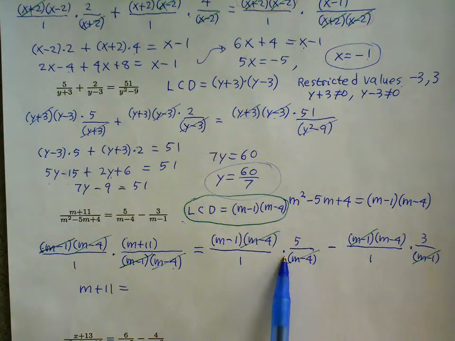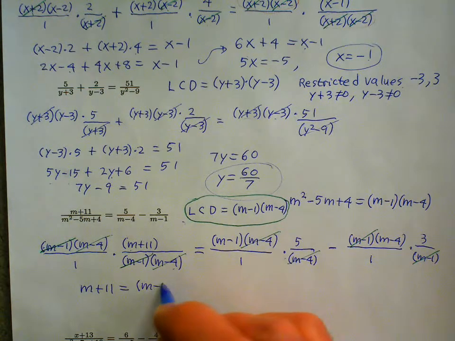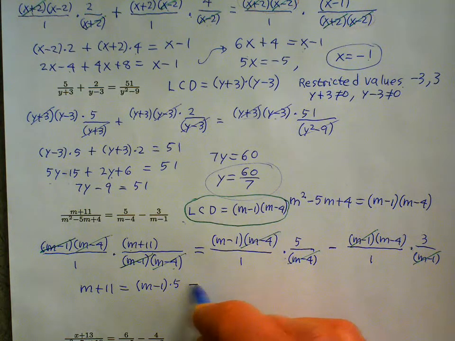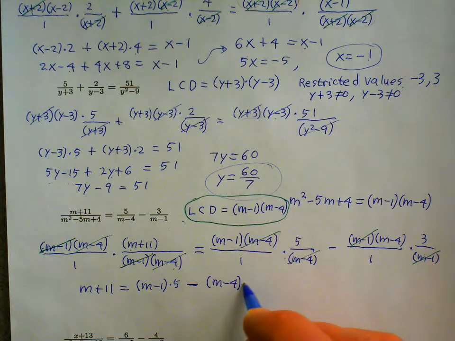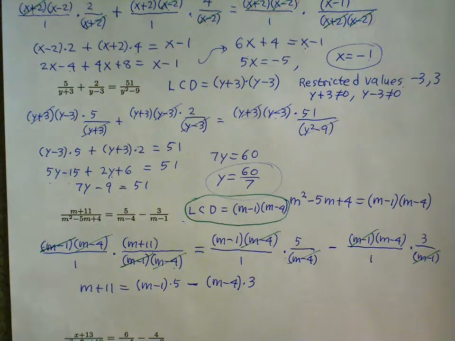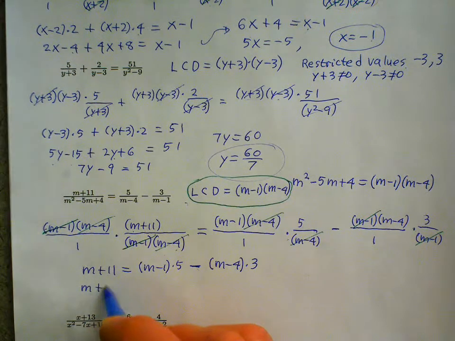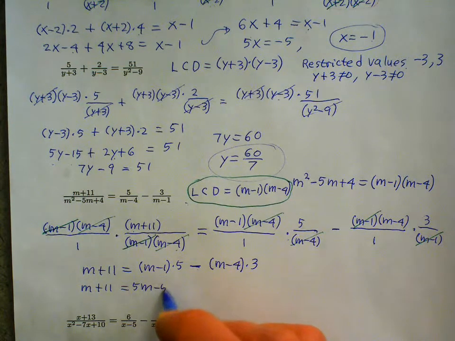On the right-hand side, the first term, we have M minus 1 times 5. And then we're subtracting the product of M minus 4 times 3. Hey, whenever subtraction's involved, you have to make sure you're on your toes. So let's write M plus 11. M minus 1 times 5 is 5M minus 5.